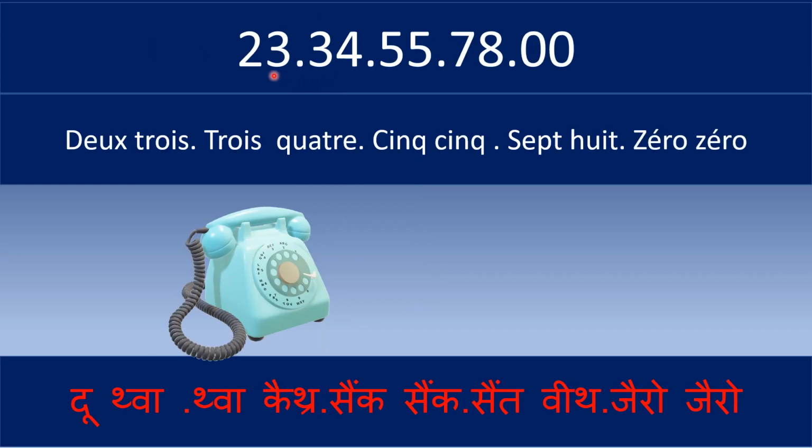Okay. Now you'll see that whenever we are giving phone numbers in French, they will be written in pairs. Means after every two numbers a dot, two numbers a dot. So you give the phone numbers in this way only. This is very important. Another important thing is while saying orally, they will never say O for a zero.